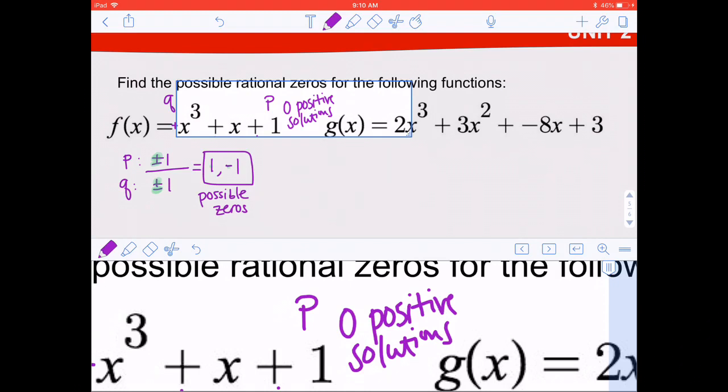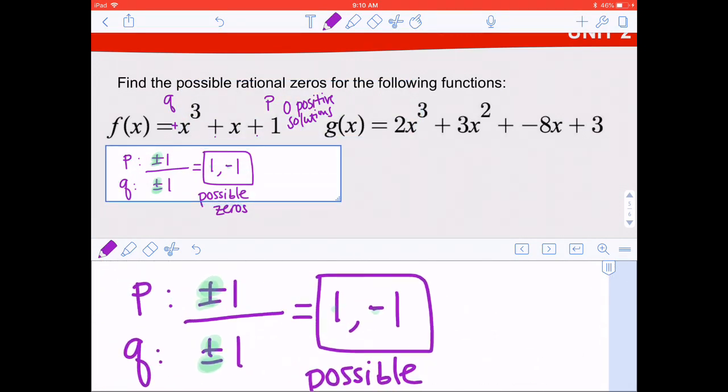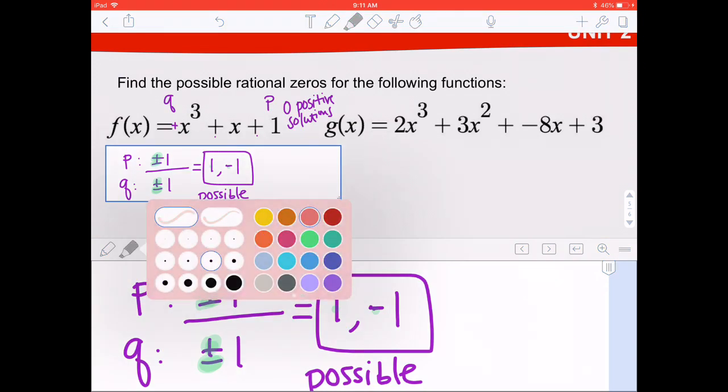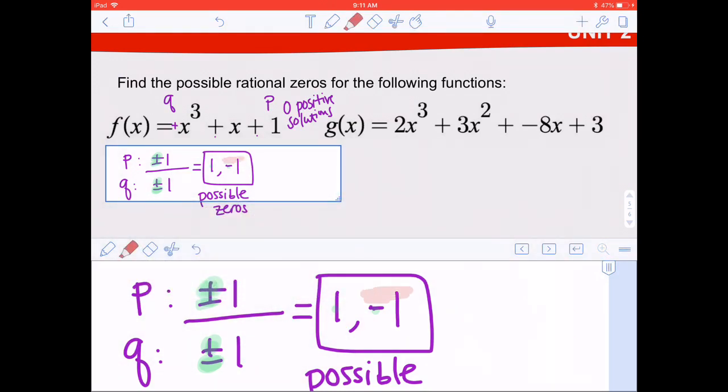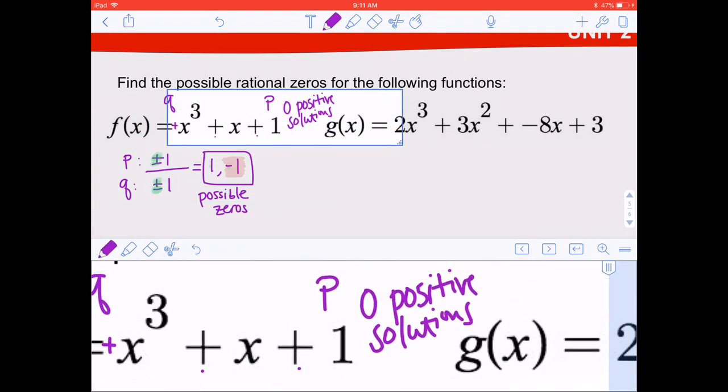So Descartes' rule, together with this rational zero test, tells me that most likely negative 1 is going to be my solution for this polynomial. 1 here is a positive number, and Descartes' rule tells me I'm not going to have any positive solutions in this case.